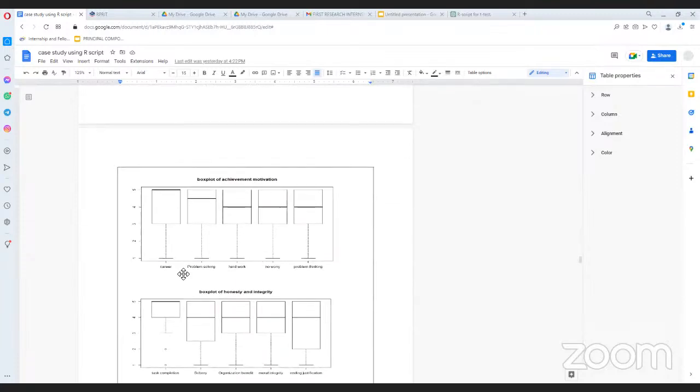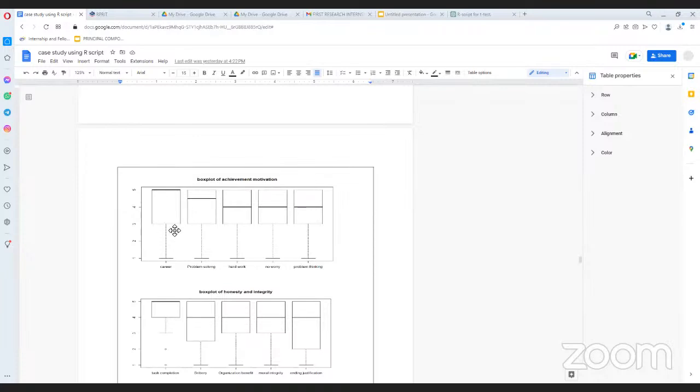How can we know that, sir? Here you can find the outlier. In honesty, you find the outlier at the minimum point. And regarding the career-related question for achievement motivation, the score is maximum.